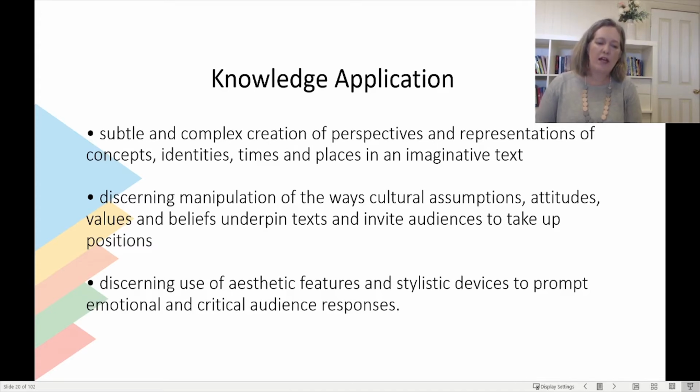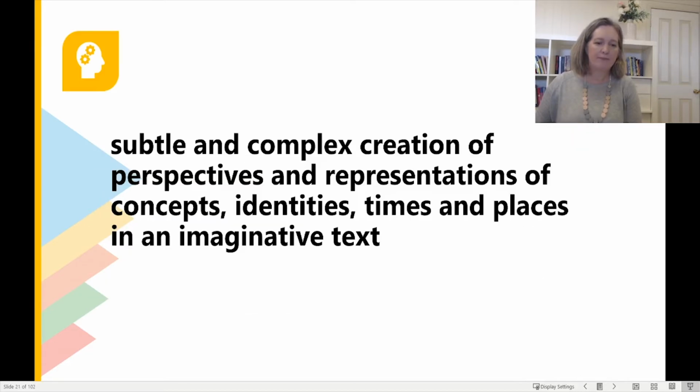And then the third is to have a discerning use of aesthetic features and stylistic devices to prompt emotional and critical audience responses. So we're going to go through each of these and show you exactly what that means for a start, and then how to achieve that in your writing.